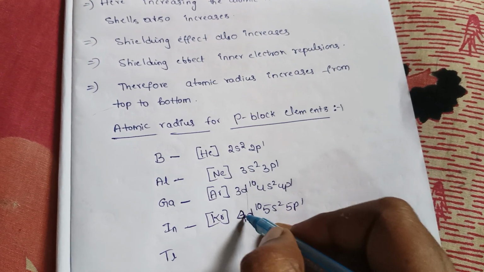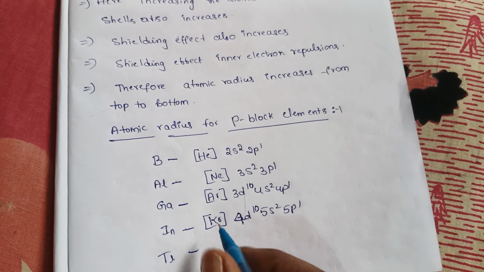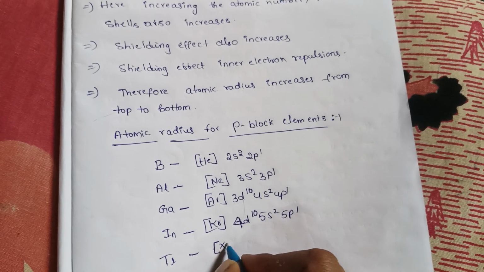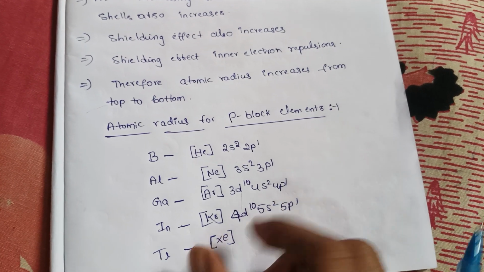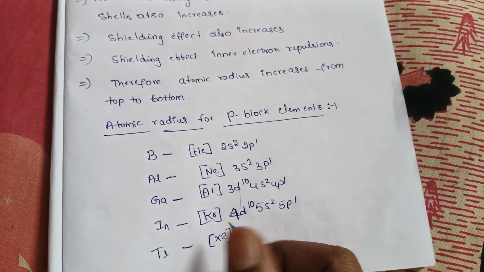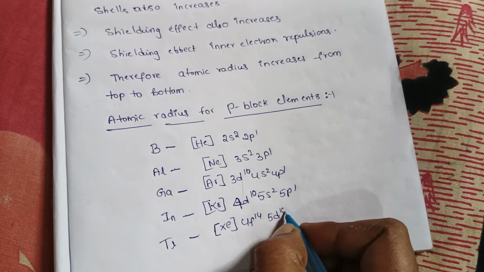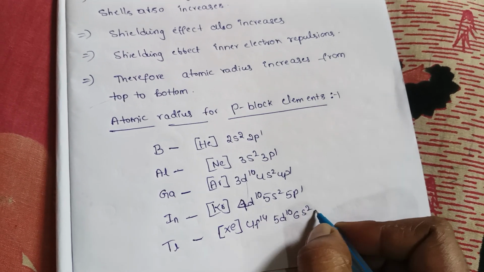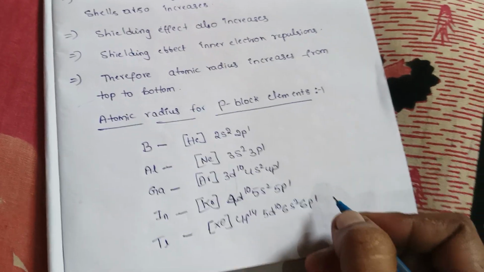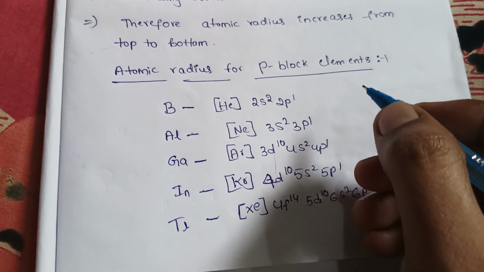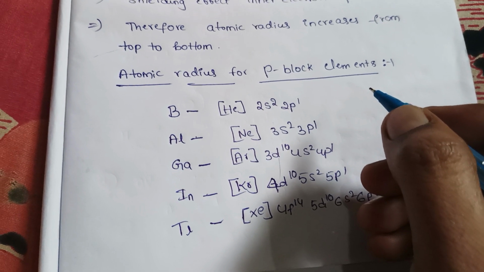This is 3d, 4d and 5d. For thallium, xenon 4f14 5d10 6s2 6p1. In general, from top to bottom atomic radius increases, right?